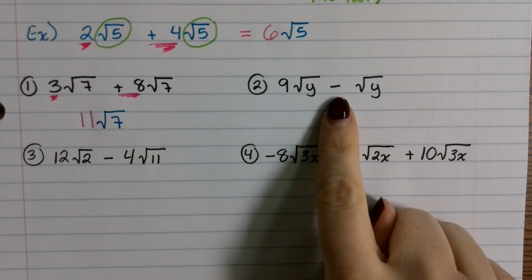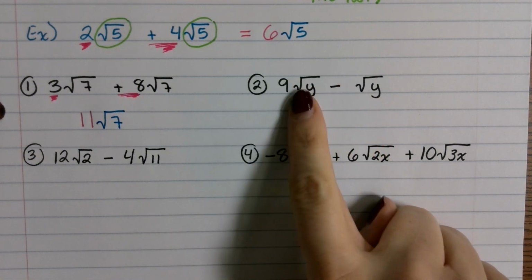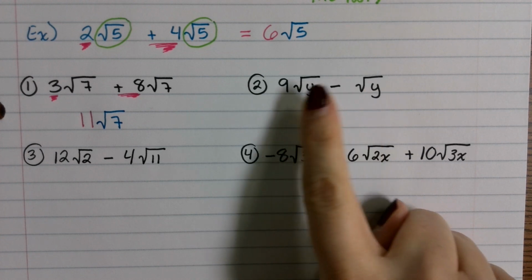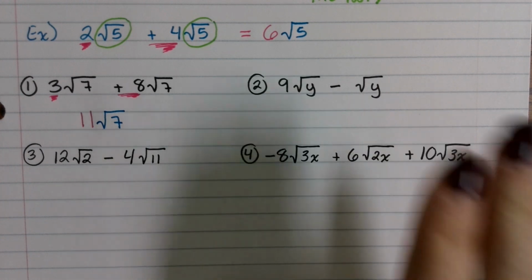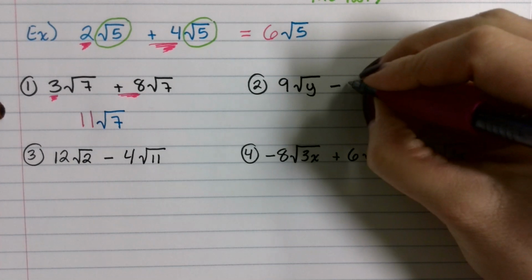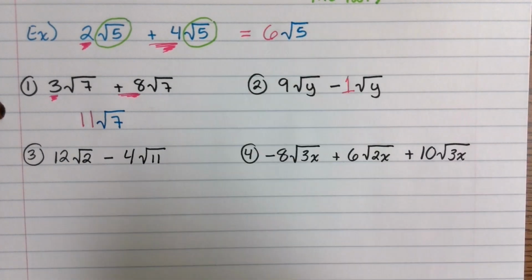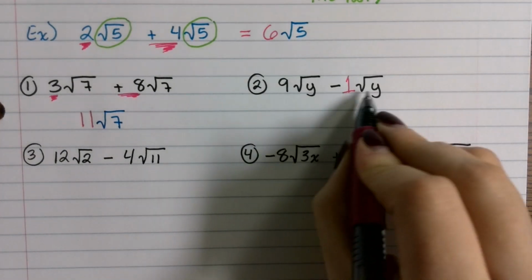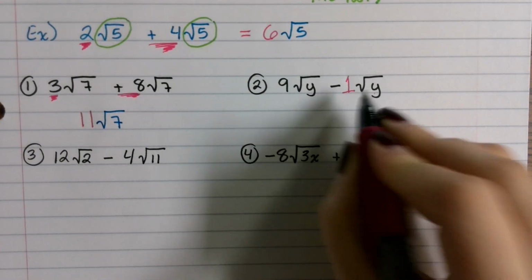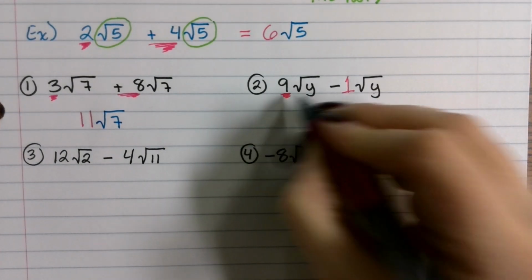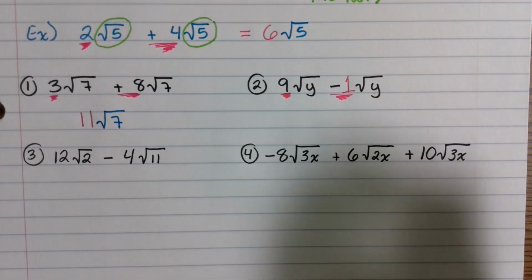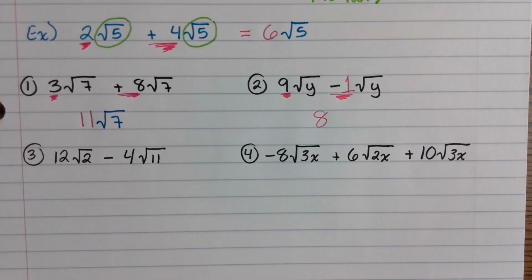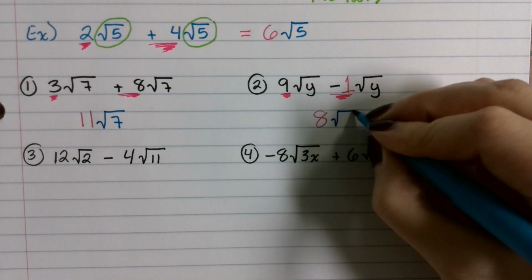It's the same thing here. It's not just 9 square root of y minus square root of y. It's 9 square root of y minus 1 square root of y. It has a coefficient of a 1. You just don't have to put it. So because they are the same radical, you're focusing on just subtracting 9 minus the 1, and that gives you 8 square root of y.